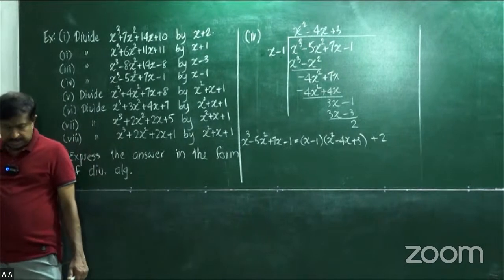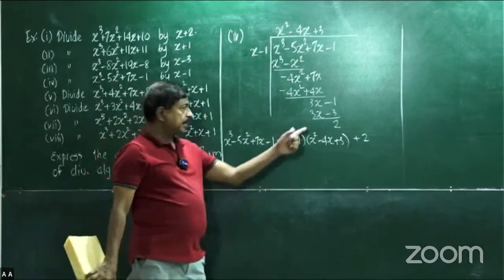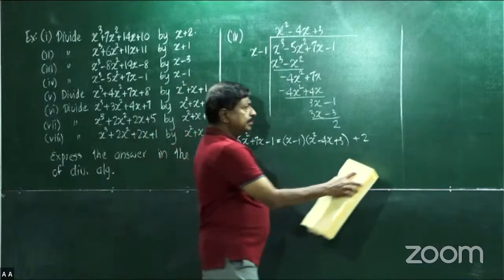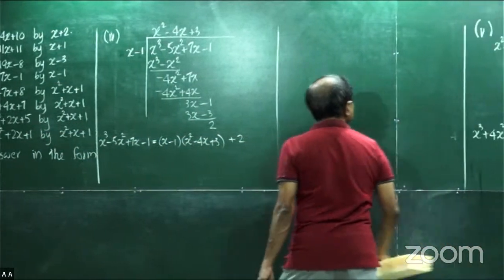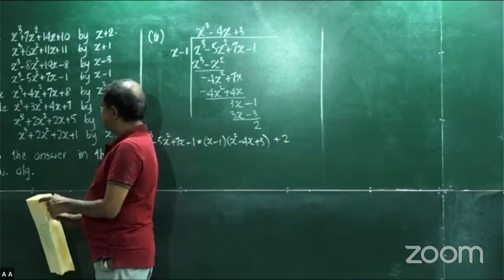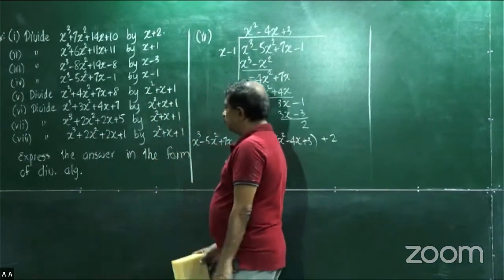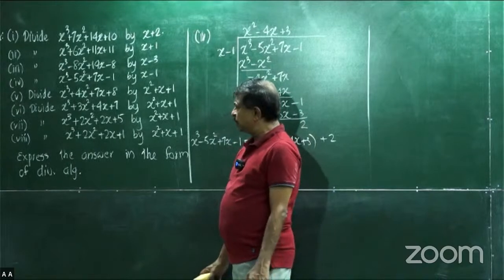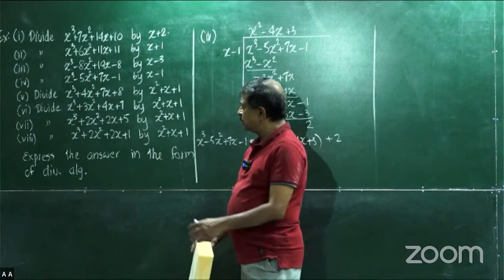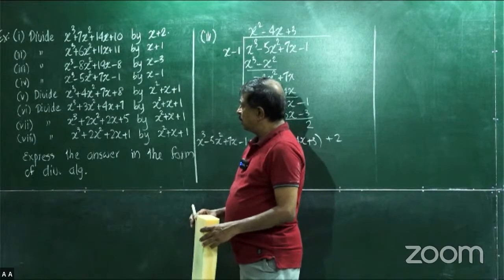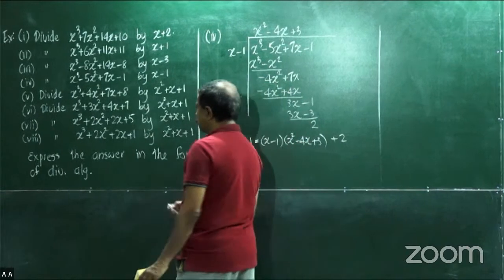So if you have made any mistakes, get them corrected. Now we can move to 6, 7, and 8. 6 is very similar to the 5. Anyway, let me do 6.